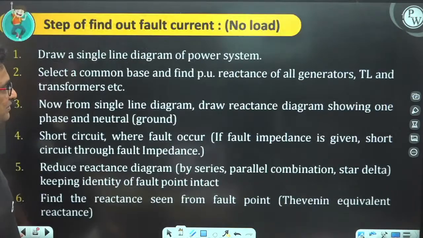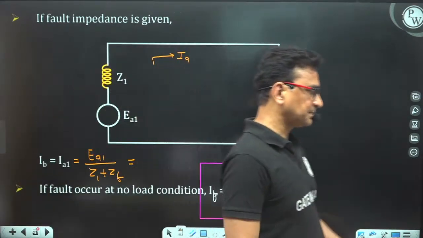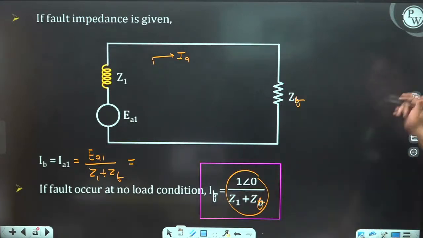So I will continue our discussion from this slide in tomorrow's class. So any doubt in the symmetrical fault? In tomorrow's class we will complete the symmetrical fault, and from the day after tomorrow I will start the unsymmetrical fault.